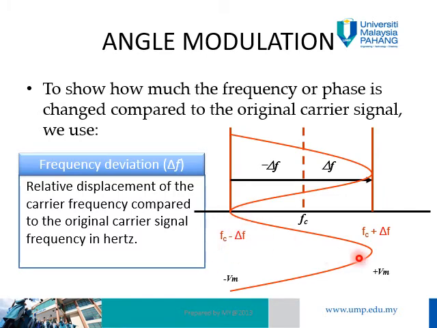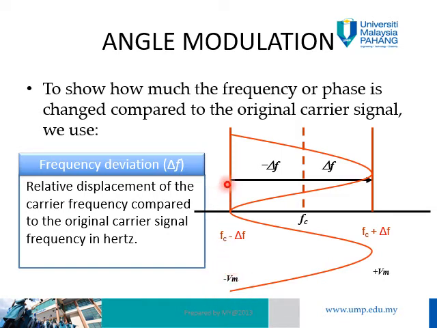The frequency is at maximum when the amplitude of the modulating signal is plus Vm, and the frequency is at the minimum, fc minus delta f, when the amplitude of the modulating signal is at minus Vm.